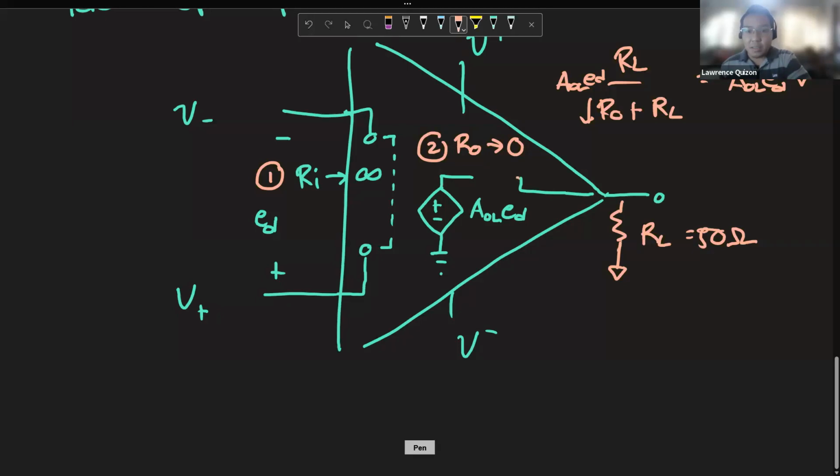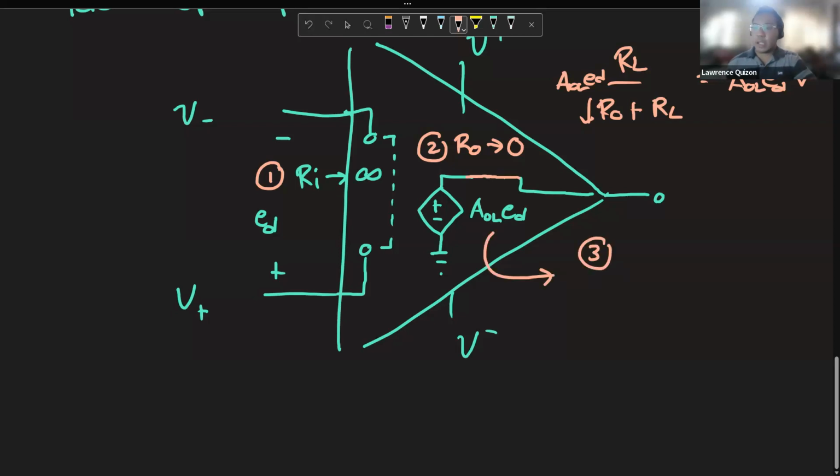So, we actually turn that into a short circuit, no? Lastly, number 3, for an ideal op-amp, the open loop gain is infinite, no?